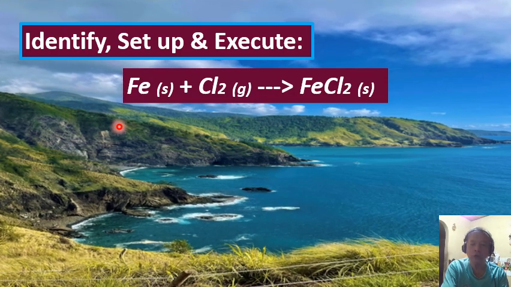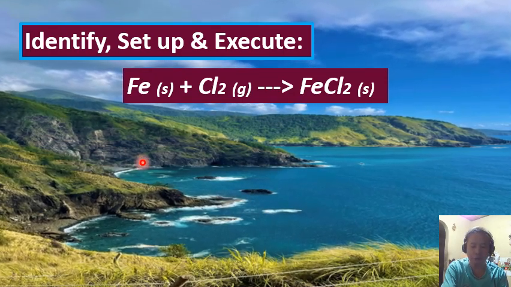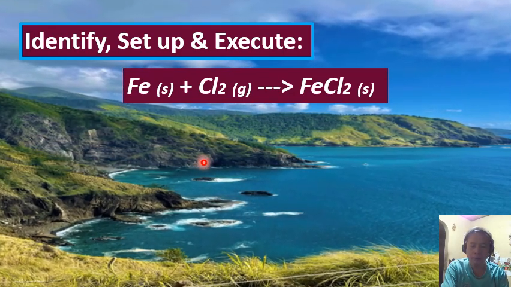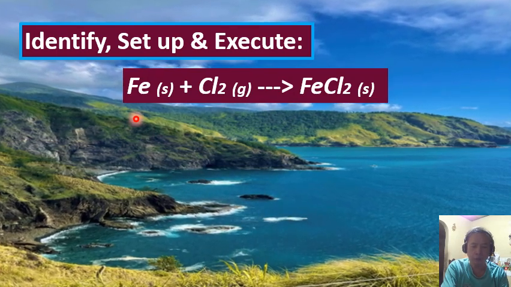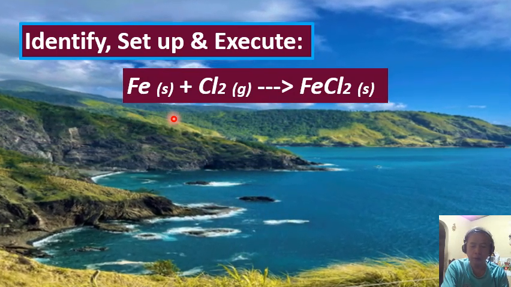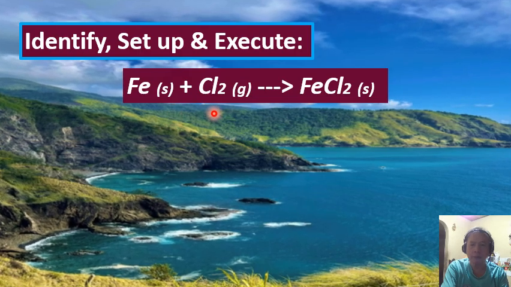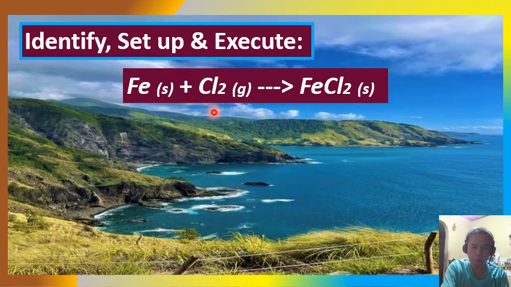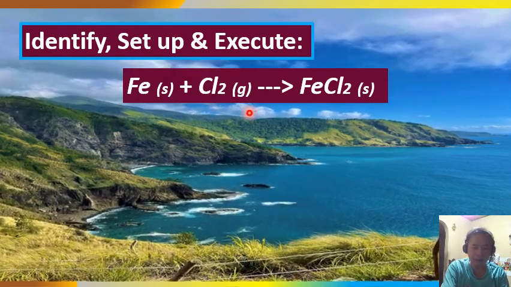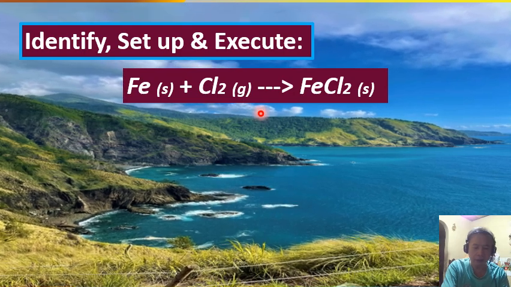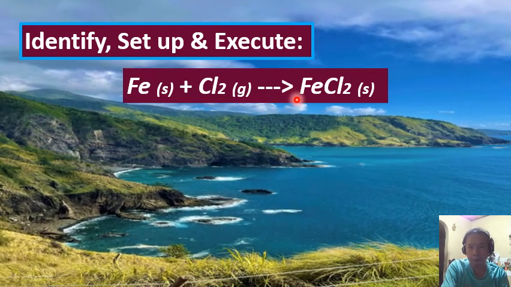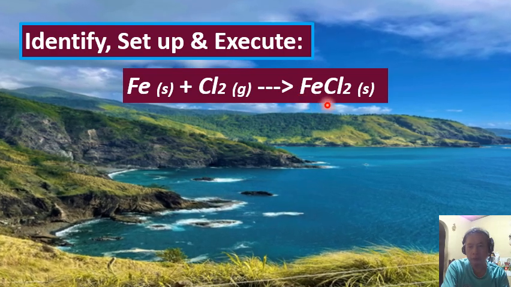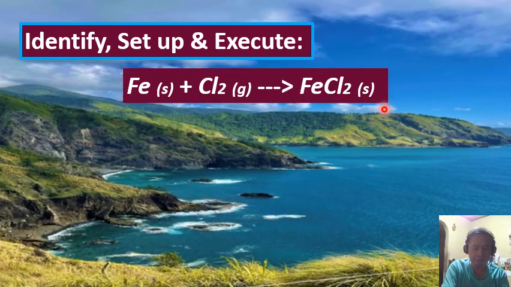Moving on to our solution of the given question, we write the balanced equation, which shows 1 mole of solid iron reacting with 1 mole of chlorine gas and producing 1 mole of the product ferrous chloride, which is in solid form.